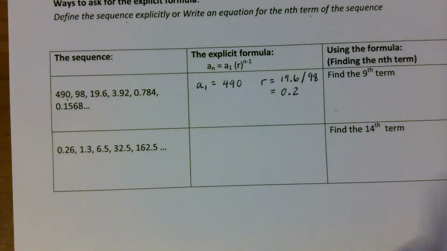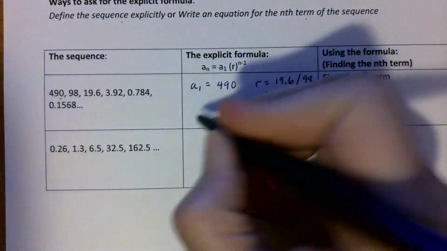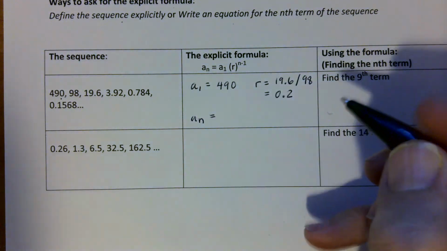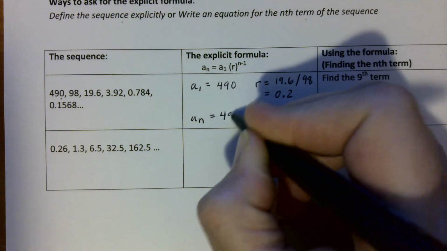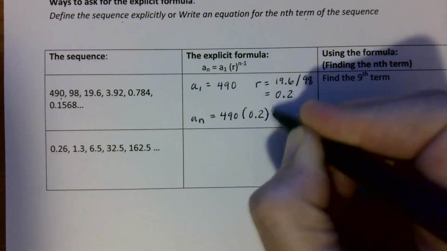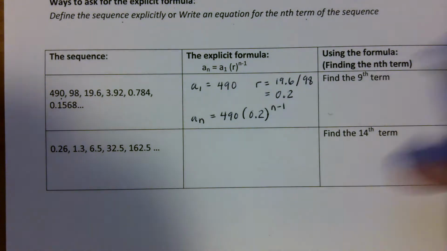So we know we have a common ratio of 0.2. Our formula to find any term, a sub n, will be our first term, 490, times our common ratio to the n-1 power.